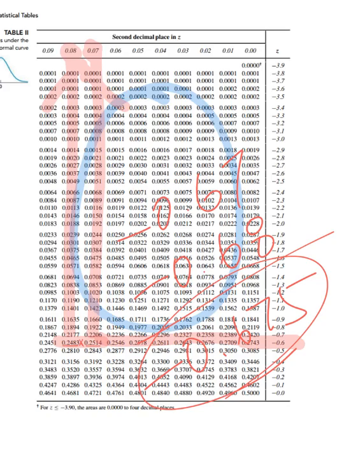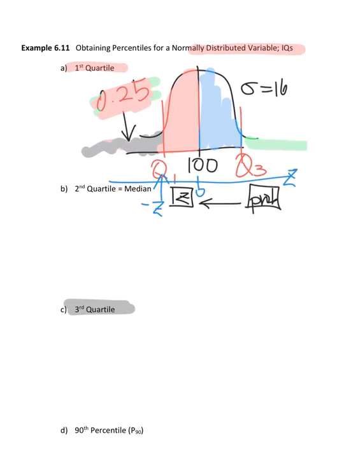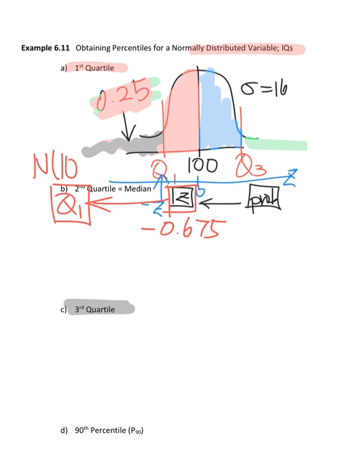So let me go back. We took the negative z-score, negative 0.675, but it is not the answer, because it's based on the standard normal distribution, while the first quartile must be based on the normal distribution with mean 100 and standard deviation 16. We need another formula.